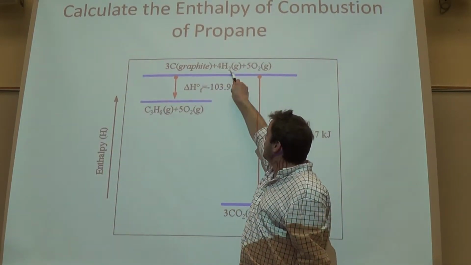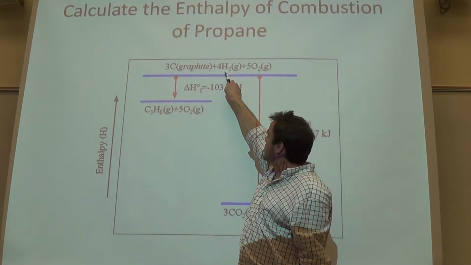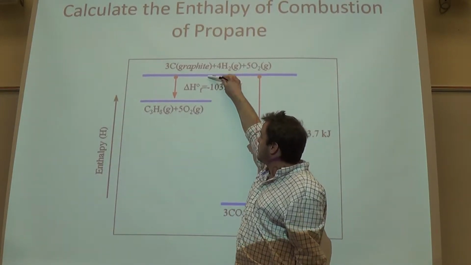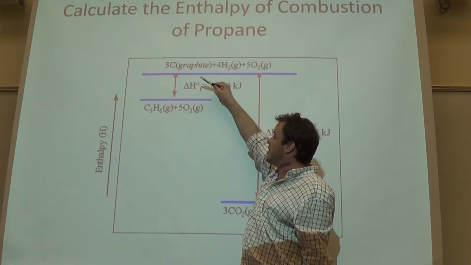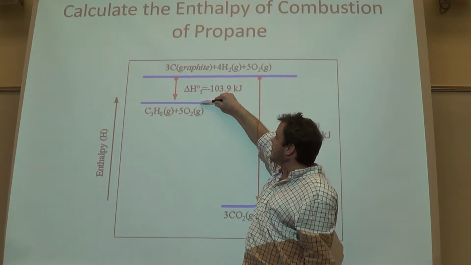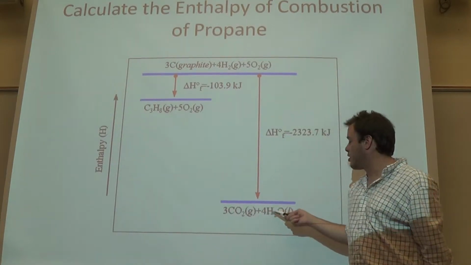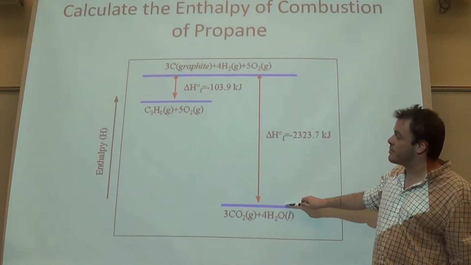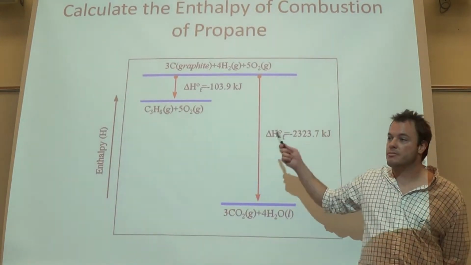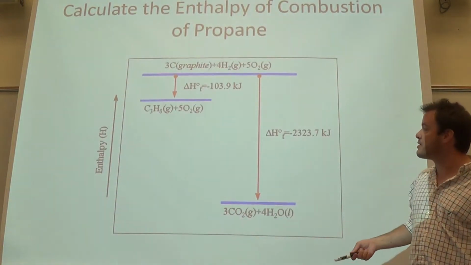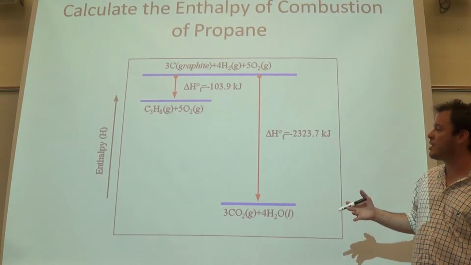So if the elements in their standard state are at 0, then the combination of propane and oxygen has some enthalpy relative to that. Carbon dioxide and water has an enthalpy relative to that, and the magnitude of the change between the two is simply the difference between the two enthalpies. Does that make sense?